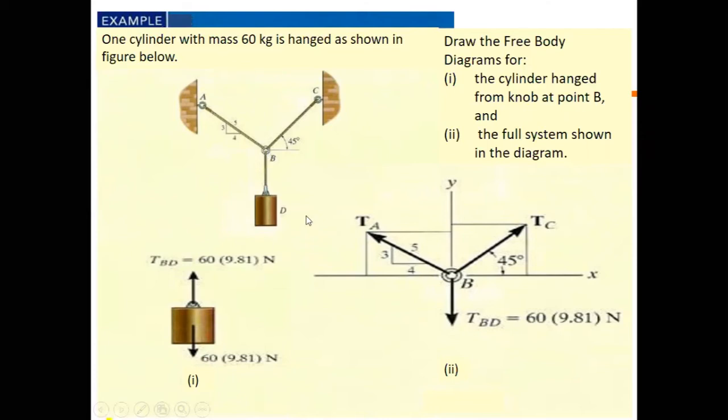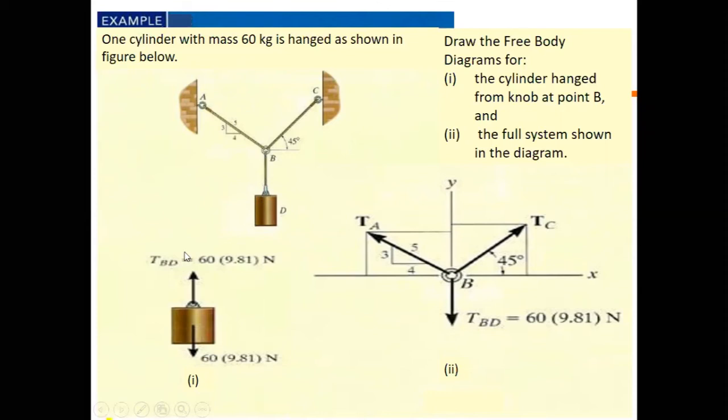So just like before, but here 60 kg is given. 60 kg means 60 multiplied by 9.81. That will be the weight, which is working towards the center of the earth due to gravity. So for part 1, here will be the B upward, the force or the tension, because it is in a string, it can be tension or it can be force.